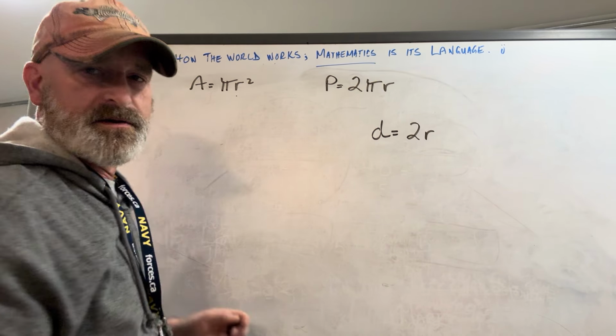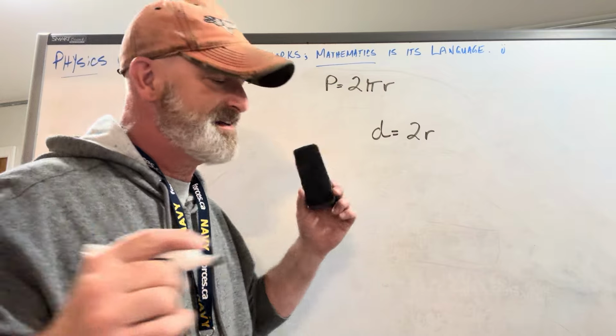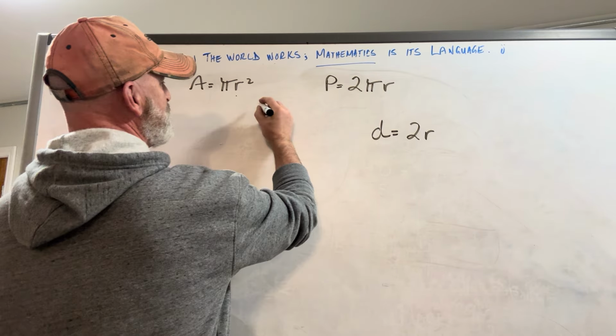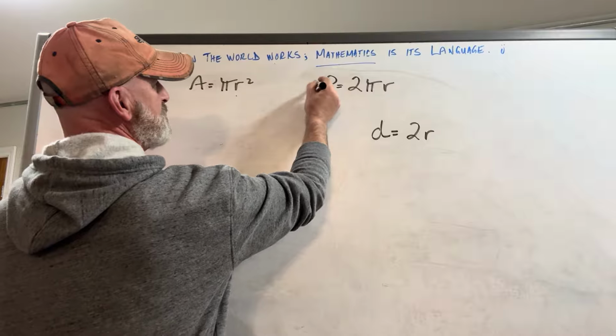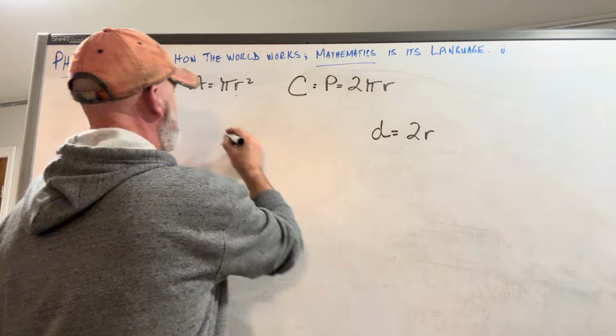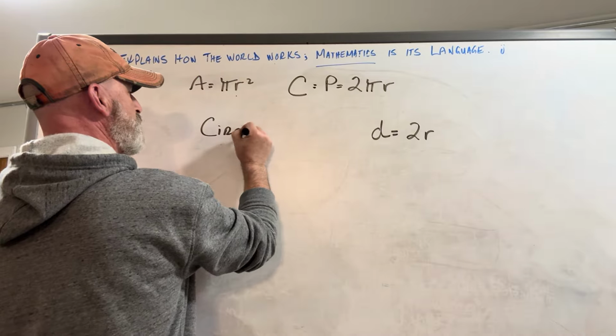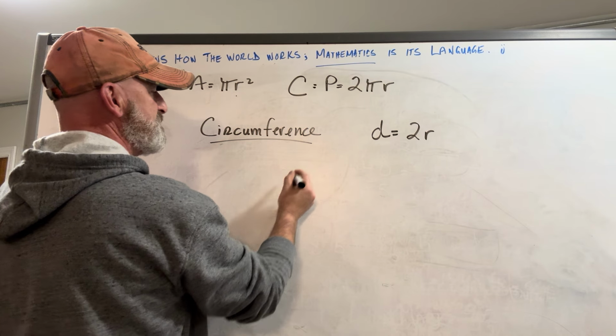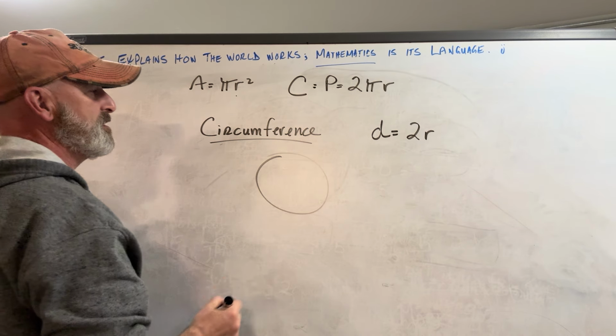Now we're going to have to use our calculator for some of this because let's talk about pi. The distance around the outside of a circle is its circumference.